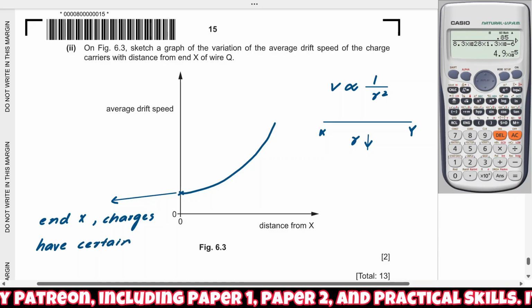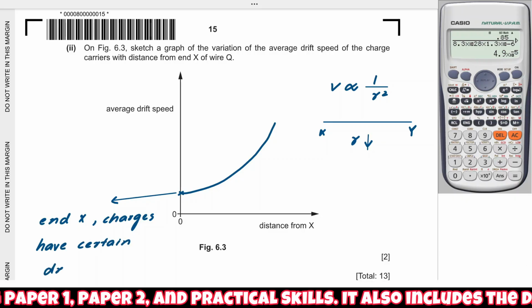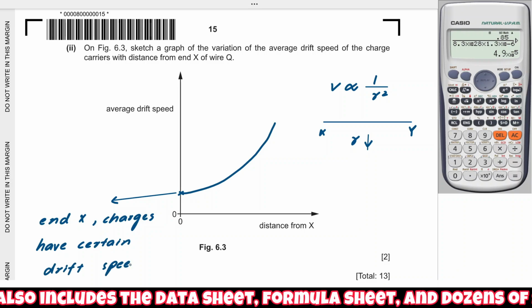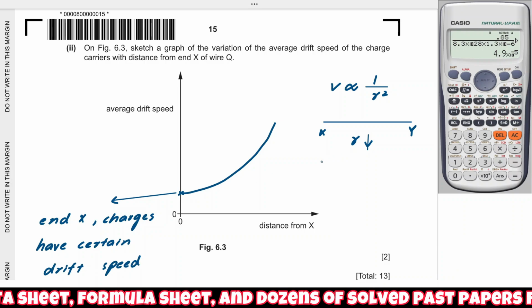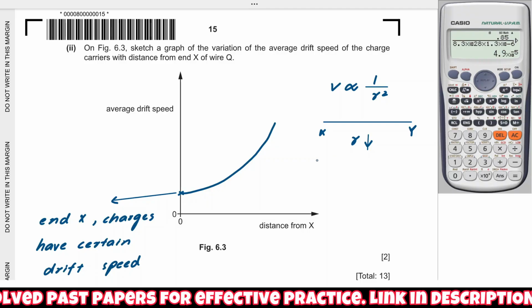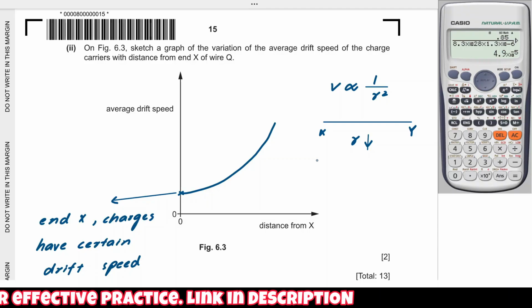That drift speed would be minimum. As you move along the conductor towards the thinner and thinner side, the drift speed would increase by a factor of square.